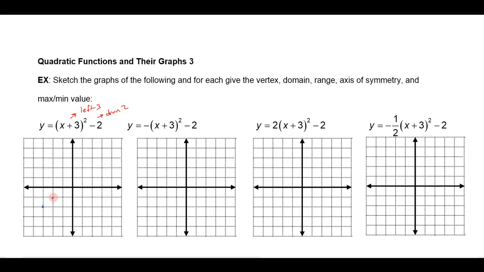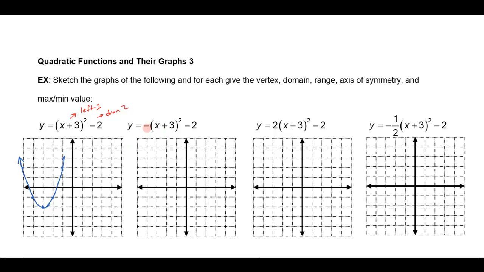And then I'm going to get my normal x squared graph that has you go over 1 on either side of the vertex and up 1, and over 2 on either side of the vertex and up 4. Alright? And so this will be the graph, or at least a sketch of the graph, of this equation y equals (x plus 3) squared minus 2.